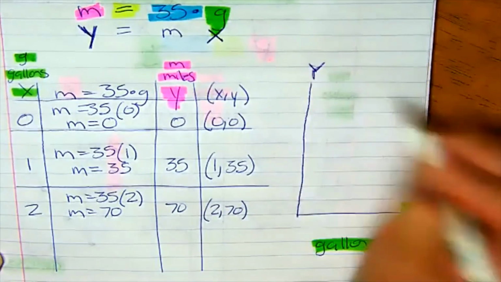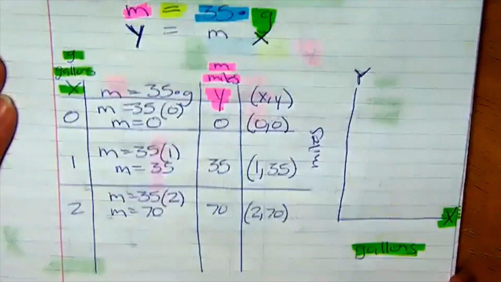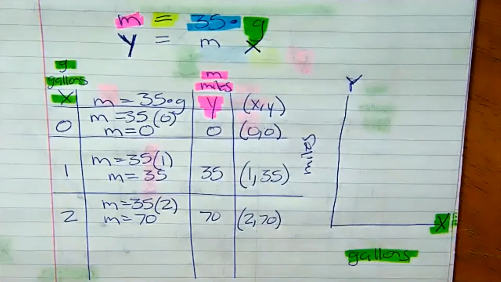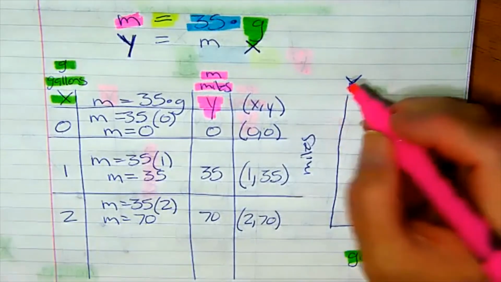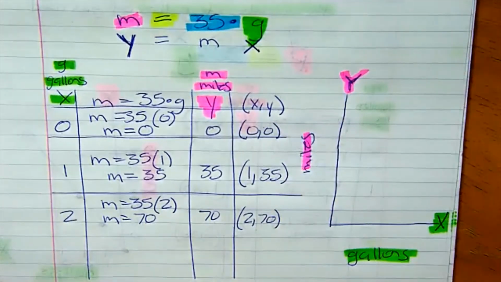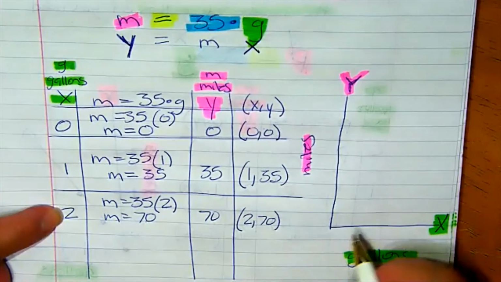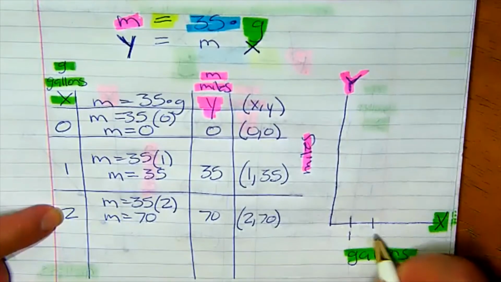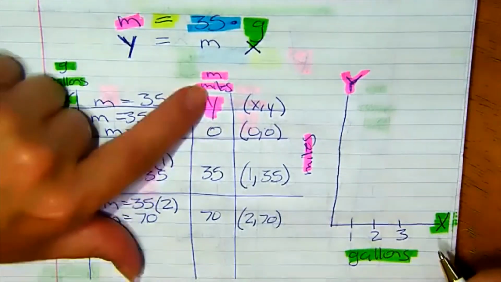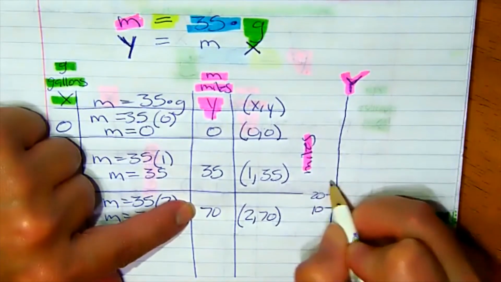This is my y-axis and y equals miles. So let's look at my scale. For gallons, I think I'm going to use a scale of 1. And for miles, I think I'm going to use a scale of 10.